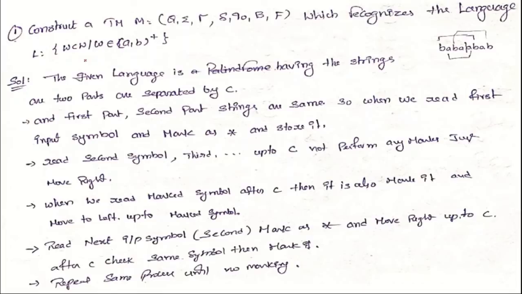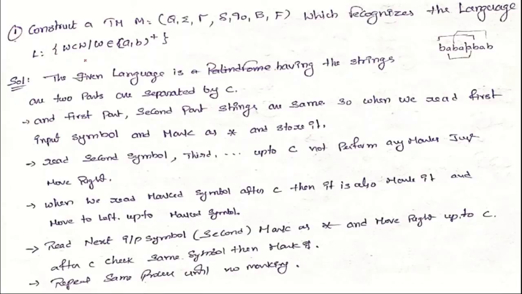To construct the Turing machine for this language, whenever we read the first symbol from the first part of the string, we move to the right side.